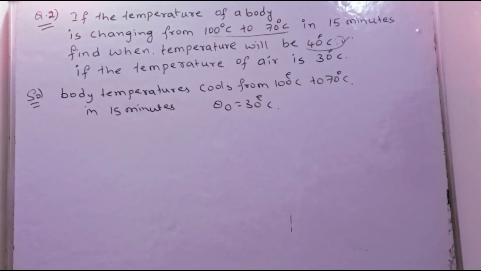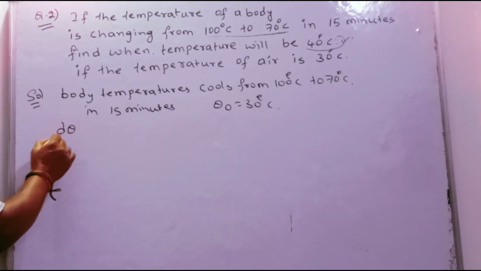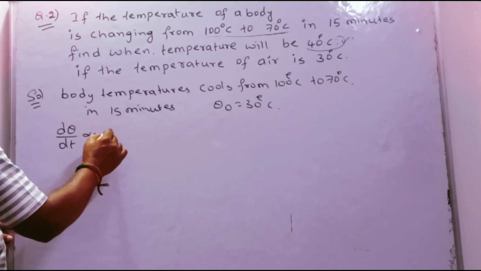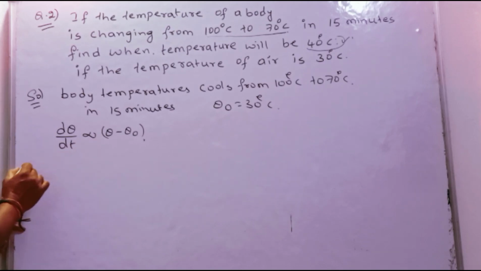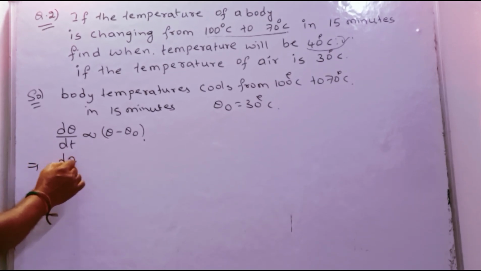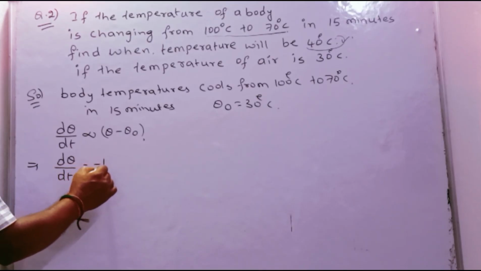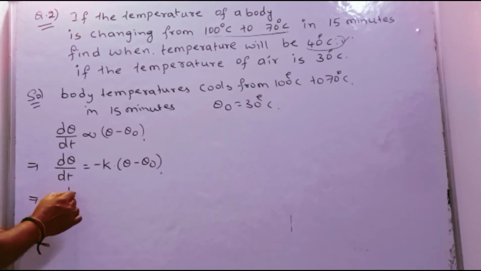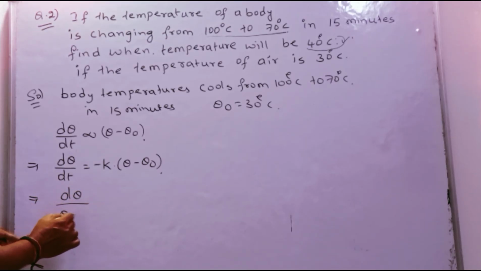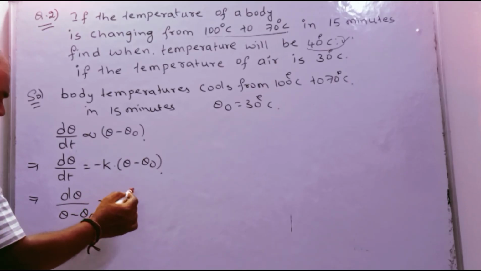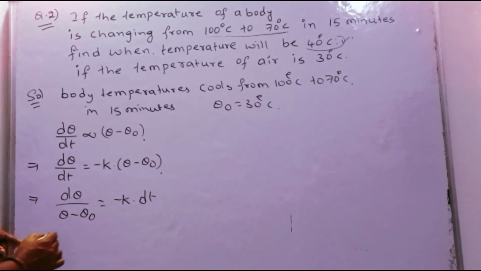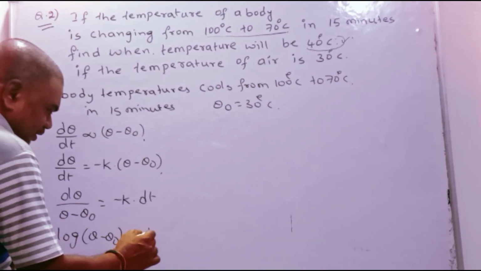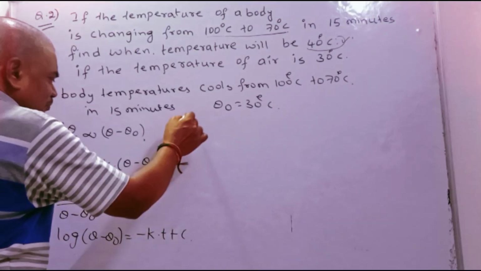Then what is dθ/dt? dθ/dt is directly proportional to θ minus θ0. This implies dθ/dt equals minus k into (θ minus θ0), and dθ/(θ minus θ0) equals minus k dt, which can be written as log of (θ minus θ0) equal to minus k t plus c.